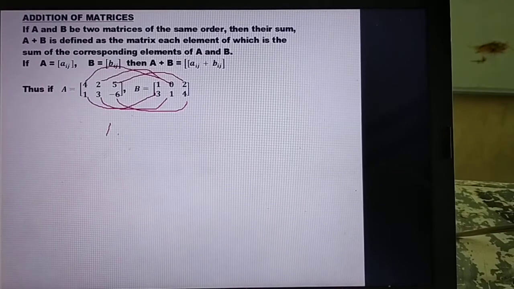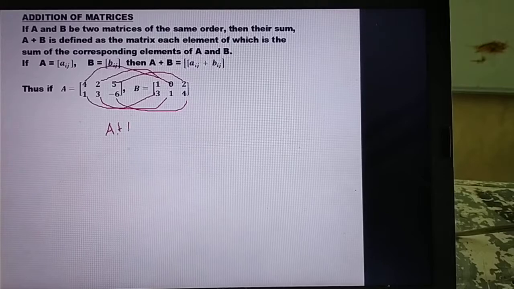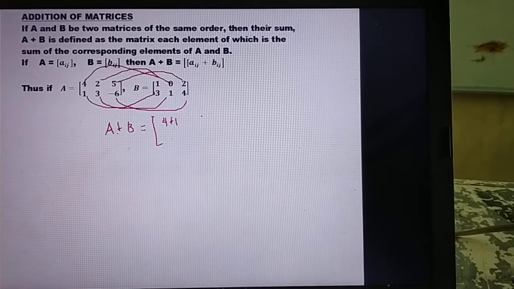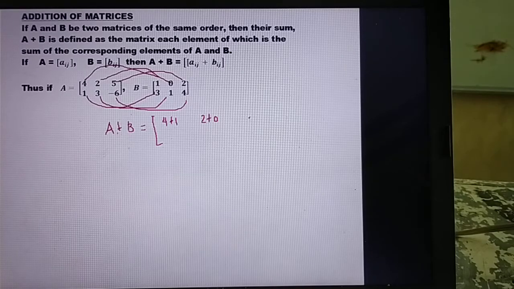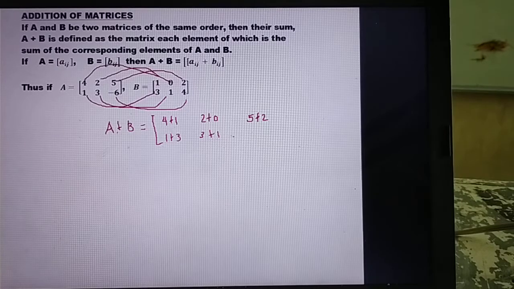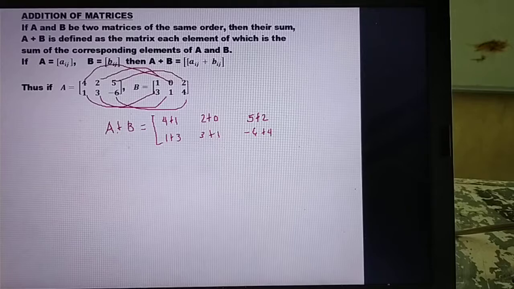So therefore, the sums of their elements are 4 plus 1 and 2 plus 0, 5 plus 2, then 1 plus 3 and 3 plus 1, negative 6 plus 4.